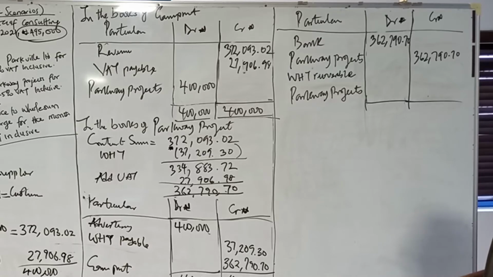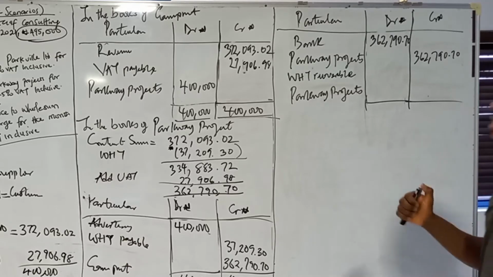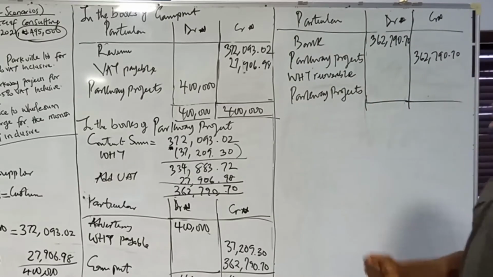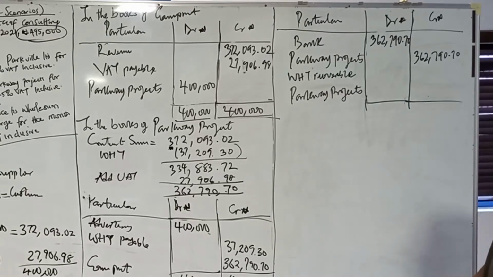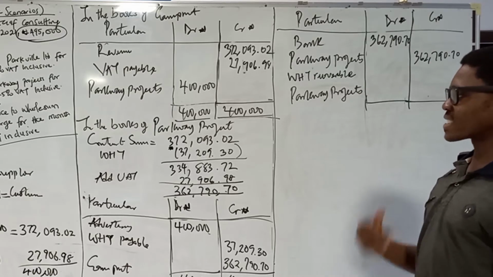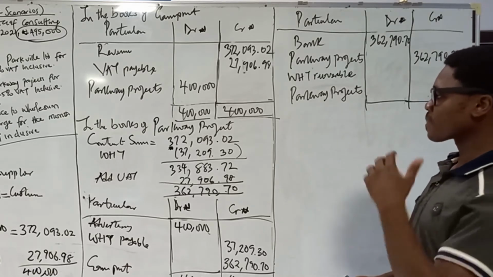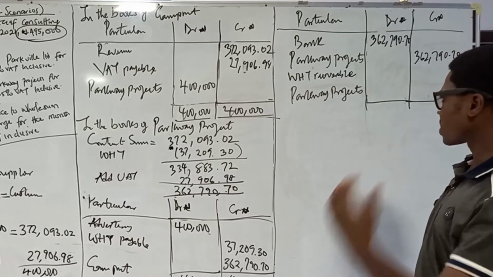And because it is not that Pathway project is owing them the balance, what happens is that Pathway project has deducted withholding tax, and such deduction should have been remitted to the tax authority. And how will Graceman know that Pathway has remitted the fund to the tax authority? Graceman will get their credit note. It is a credit note that serves as the evidence that Pathway has remitted the withholding tax to the tax authority.